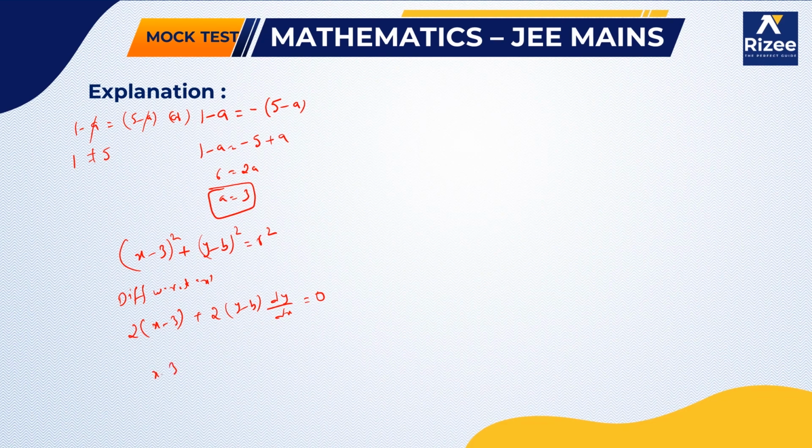So x minus 3 is equal to minus (y minus b) dy by dx. dy by dx can be written as minus of (x minus 3) by (y minus b).